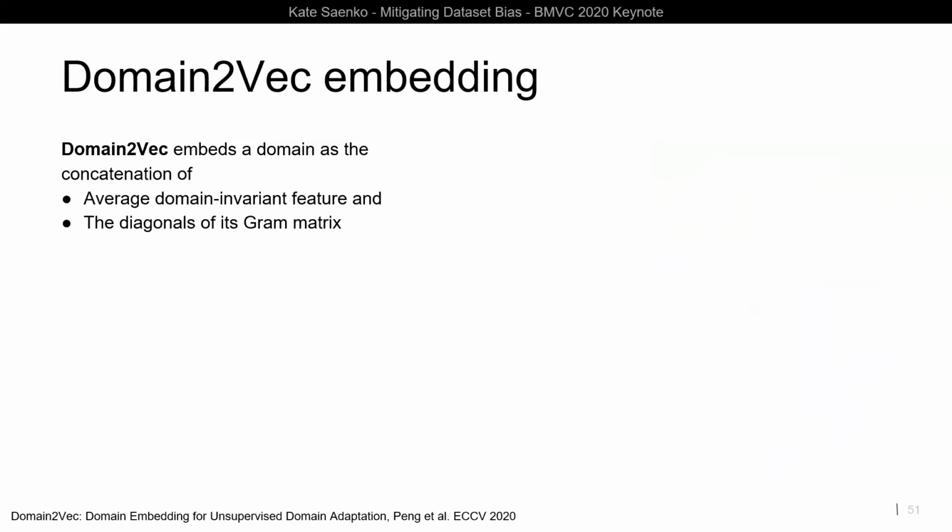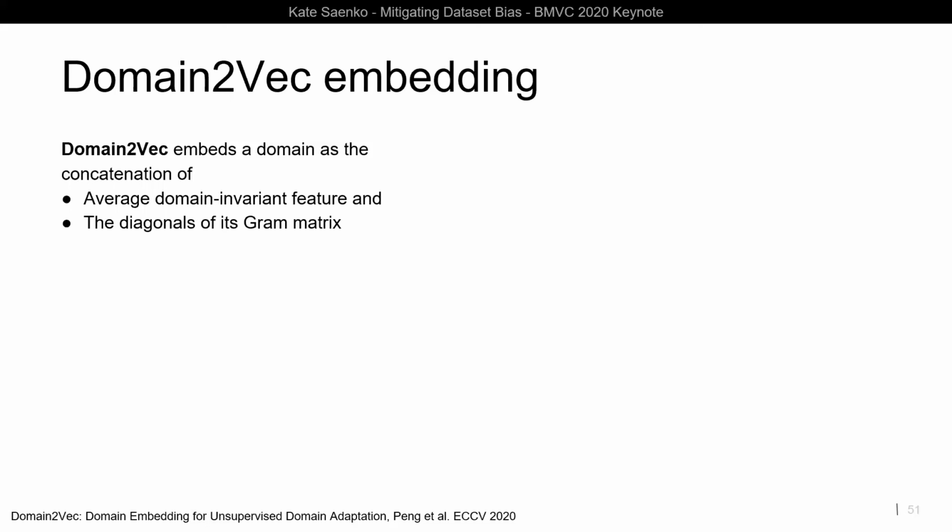So just briefly, how we actually compute the domain to vec embedding is as a combination of two parts. The first is the average of the domain invariant features in the images of that domain. And the second is the diagonals of the gram matrix of that average feature.